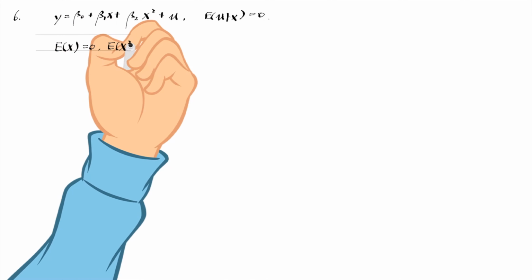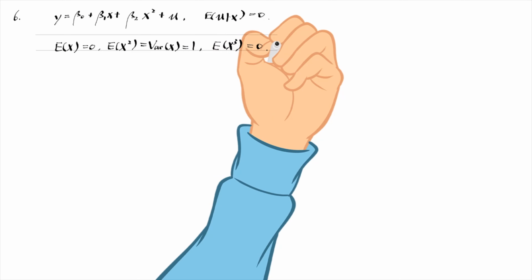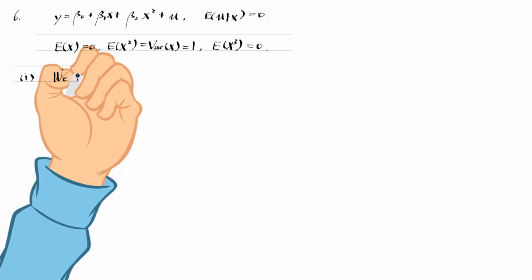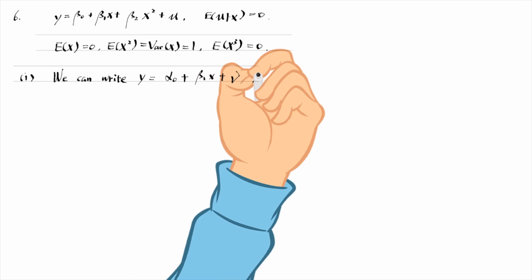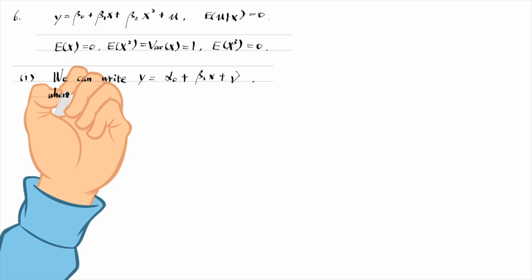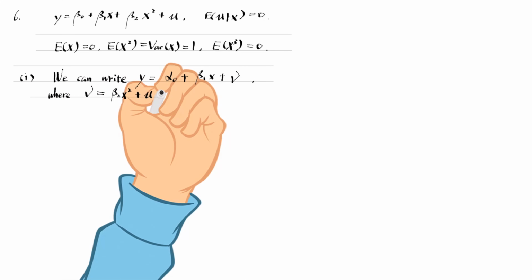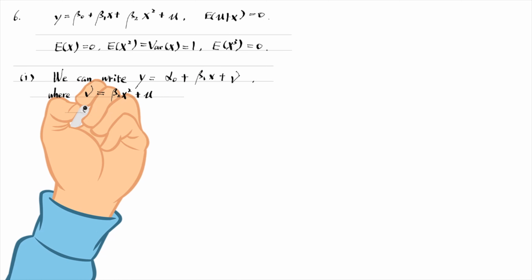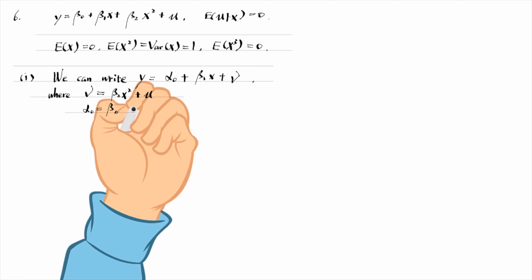The first question asks us to show that we can write y as a function of alpha 0 plus beta 1 times x plus nu. We can compare the two equations and find that nu equals beta 2 times x squared plus mu, and that alpha 0 equals beta 0.